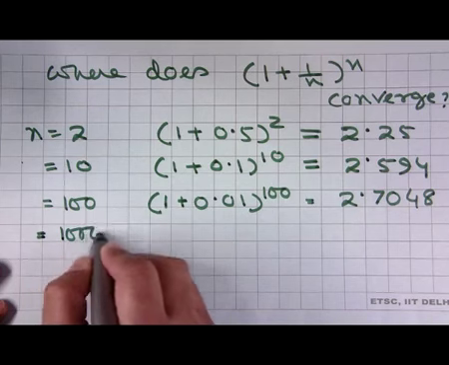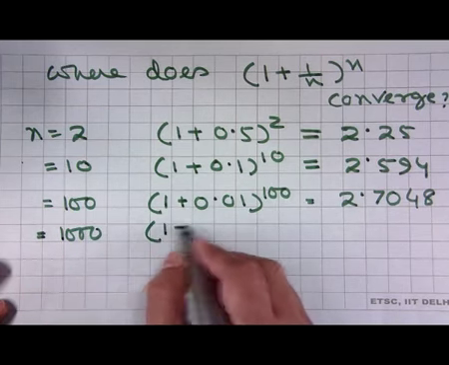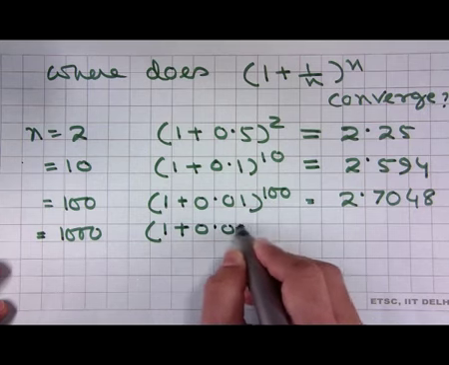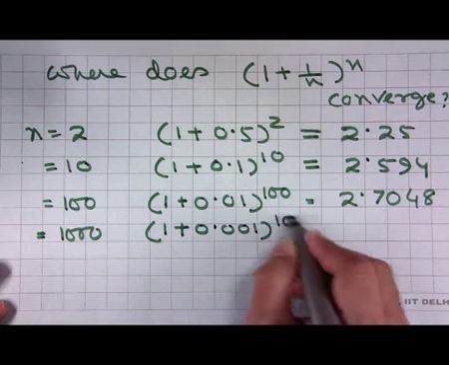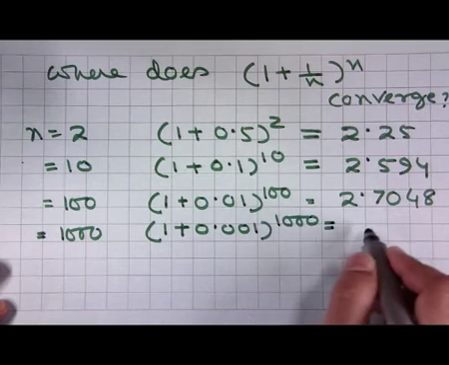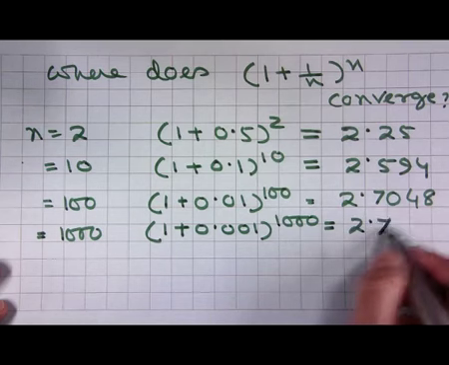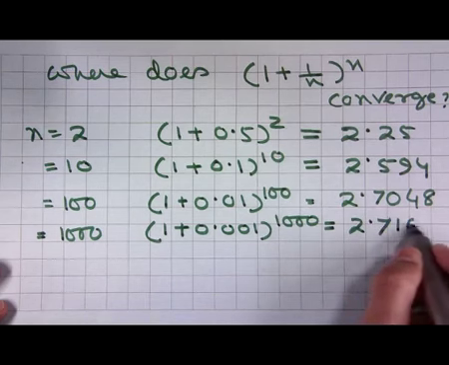At n is equal to 1000, it is 1 plus 0.001 whole to the power 1000, which is going to be 2.7169.